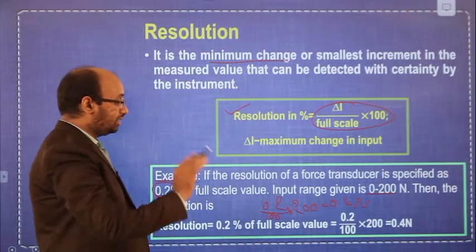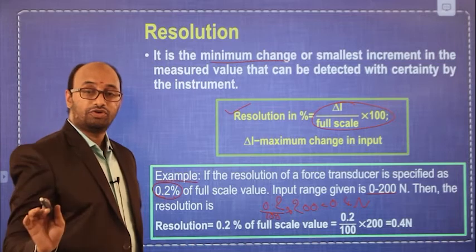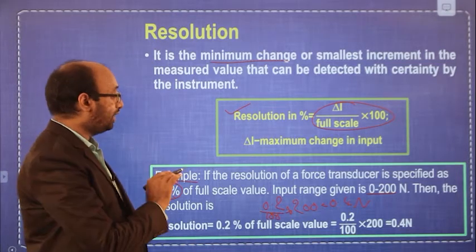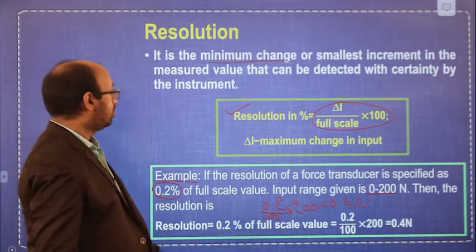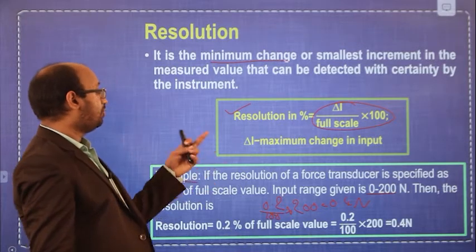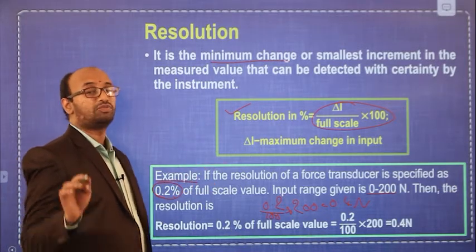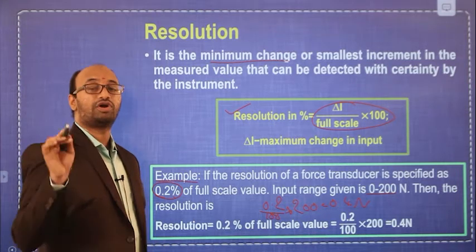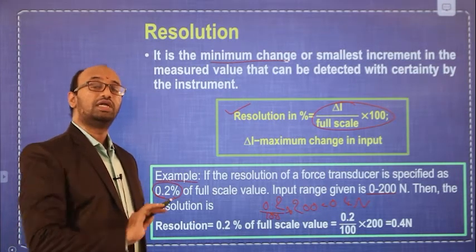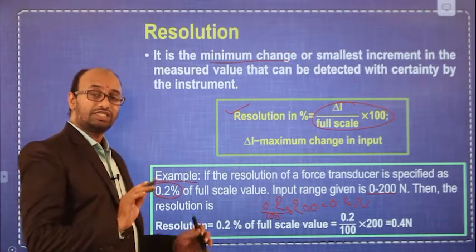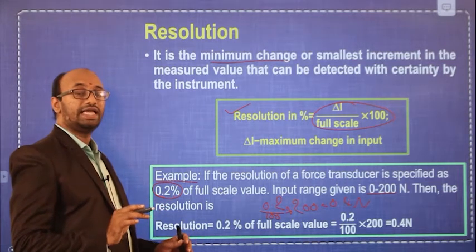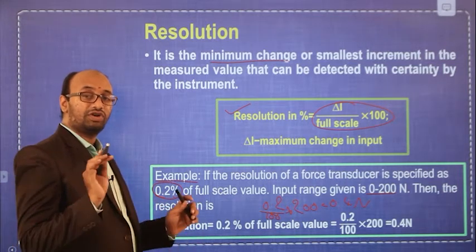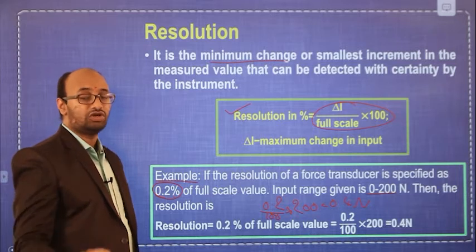So if there is a change of 0.4 Newton force, then only we will observe the change in the output. If the applied force is less than 0.4 Newton, let us suppose if it is 0.3 Newtons or 0.2 Newtons or 0.1 Newtons, there won't be any change in the output. As long as the force applied is greater than or equivalent to 0.4, there will be change in the output.